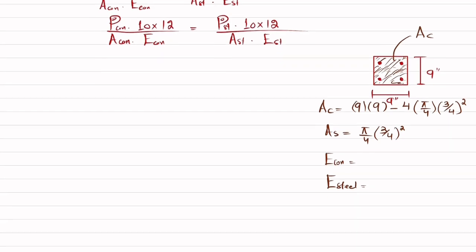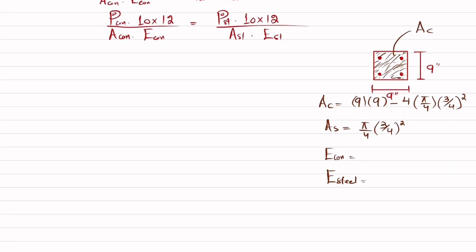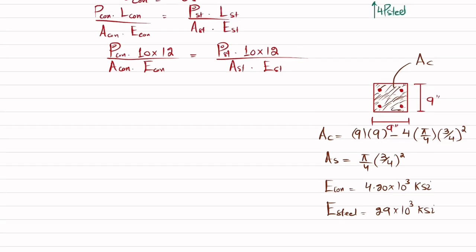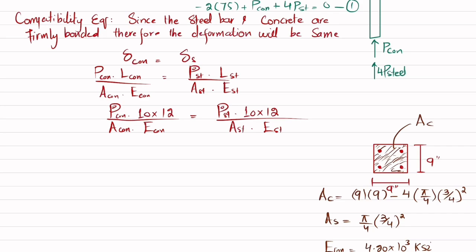I will write E of concrete is 4.20 into 10 raised to power 3 ksi, and E of steel was 29 into 10 raised to power 3 ksi. Now you have all the values, you can just put them in.